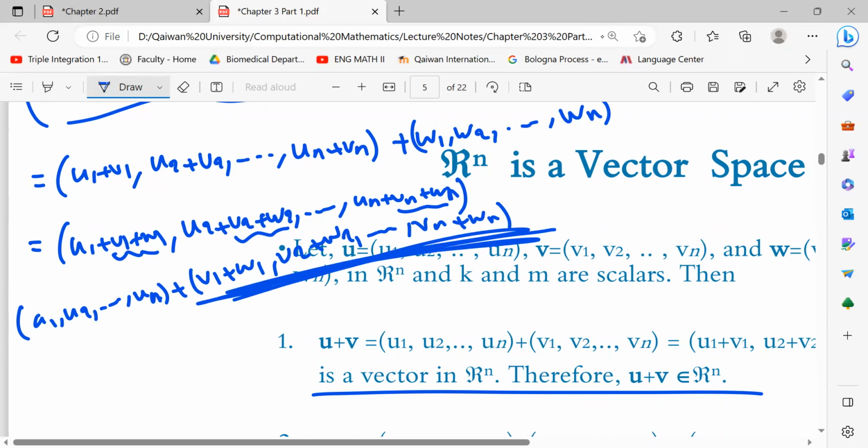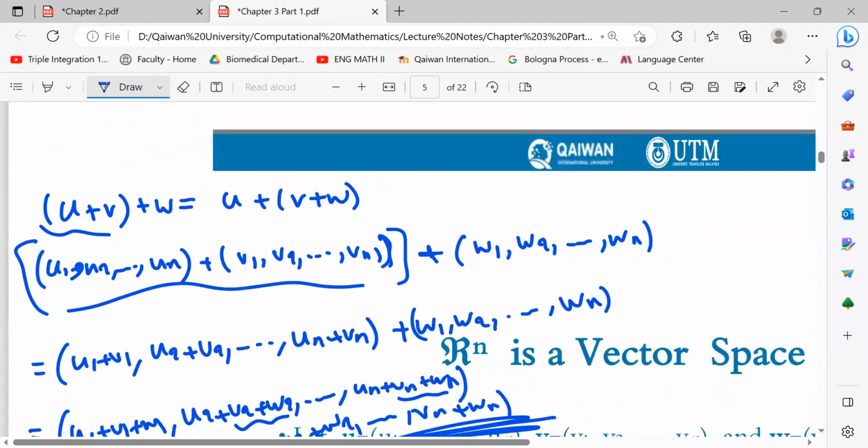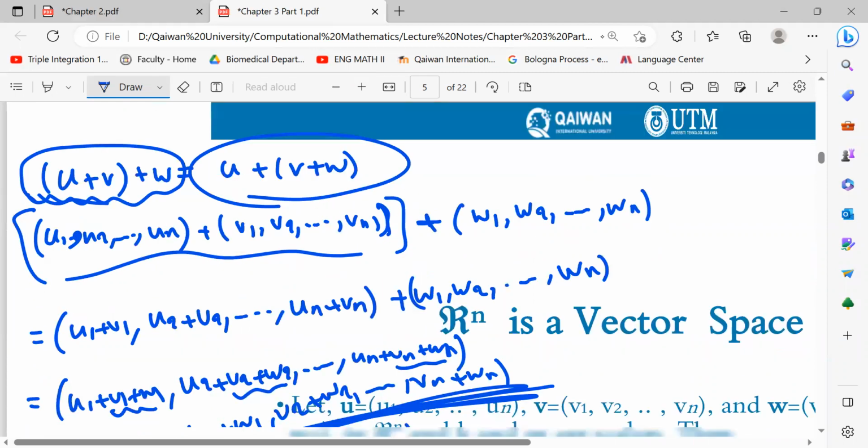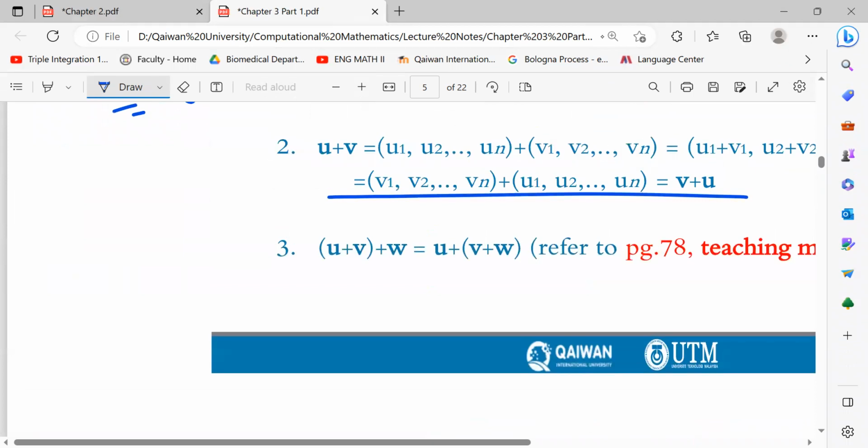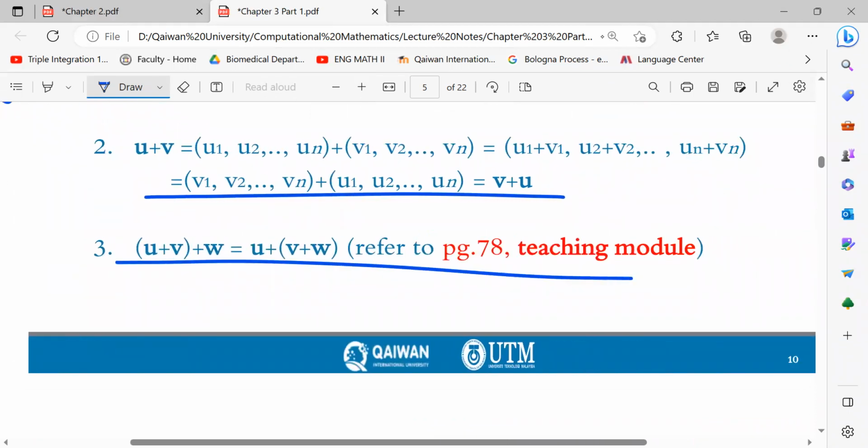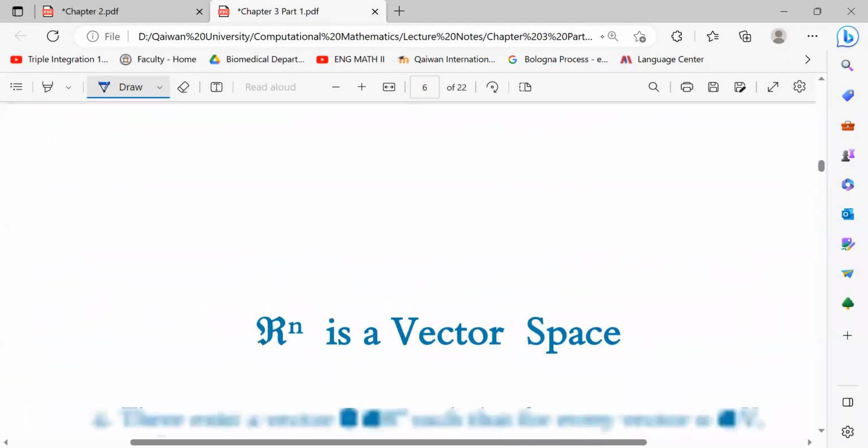Yes. This is v plus w, and this is u, so it equals u plus (v plus w), with v plus w together. So we proved that (u plus v) plus w is equal to u plus (v plus w). That's the third condition.